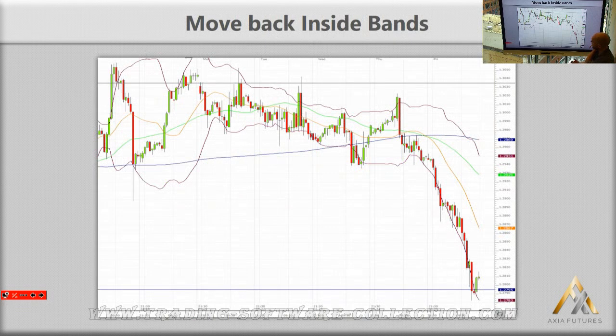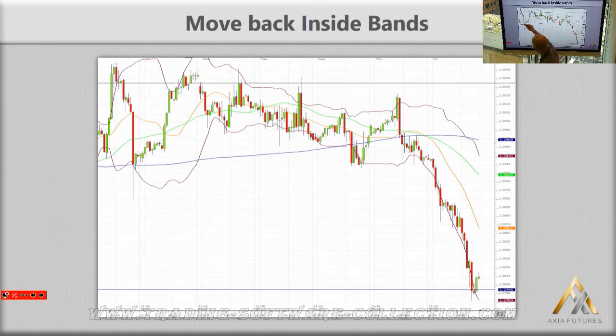Right, the other way of playing it, there's still the more conventional strategy, and it's conventional in terms of you're playing the mean reversion, but you're allowing yourself a little bit more chance to take it on. The way you do that is by actually waiting for it to move back inside the band. Give yourself a chance to sell it with some kind of clear risk reward rather than blindly buy or sell it.